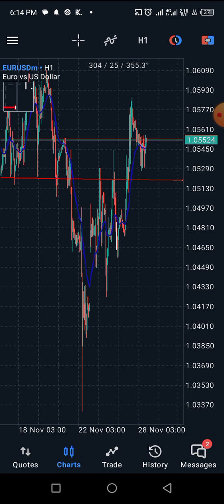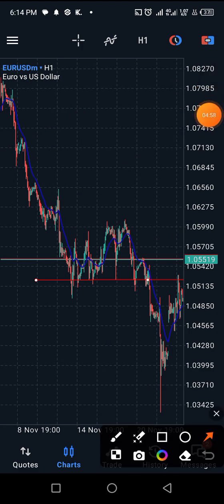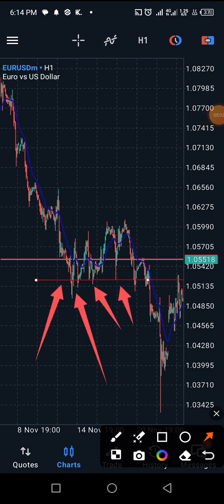You can always take note of when price starts reacting. As you can see, using those arrows again, we can see the reaction here, 1, 2, 3, 4, 5, before price finally broke down and went down.